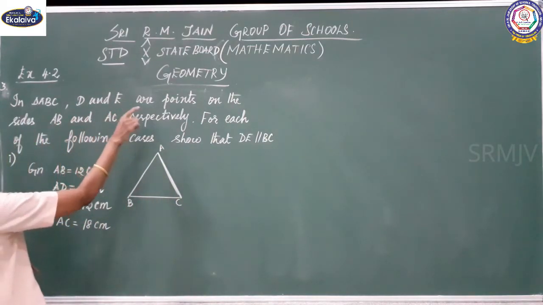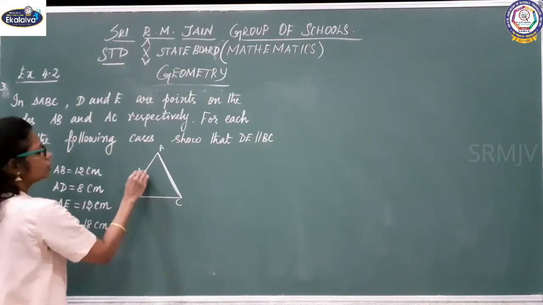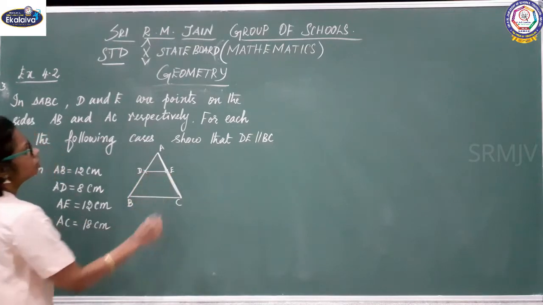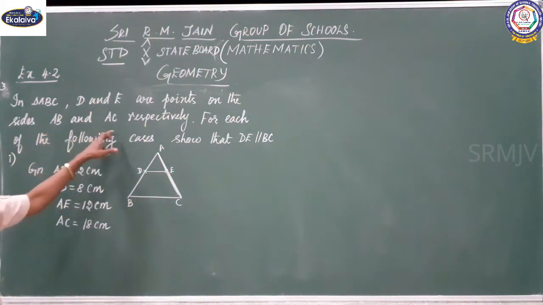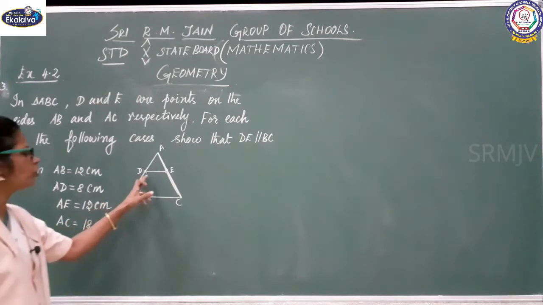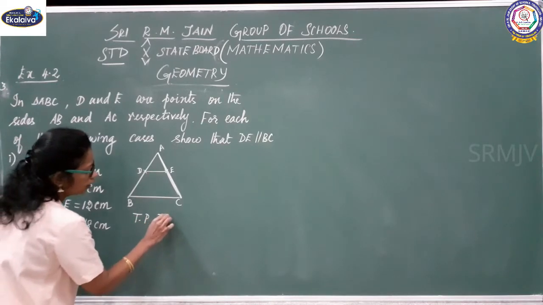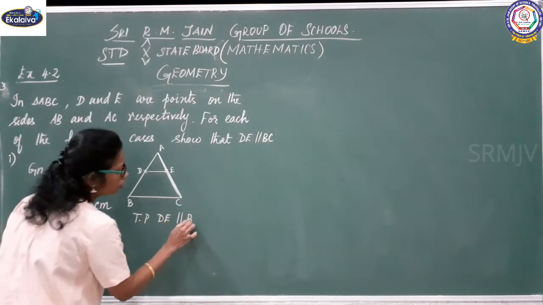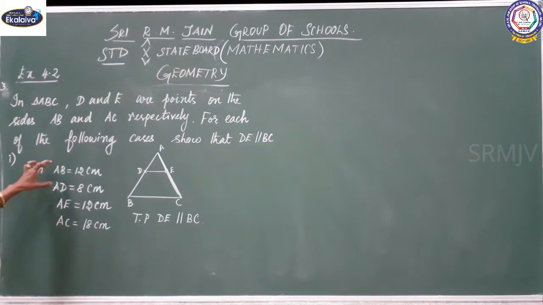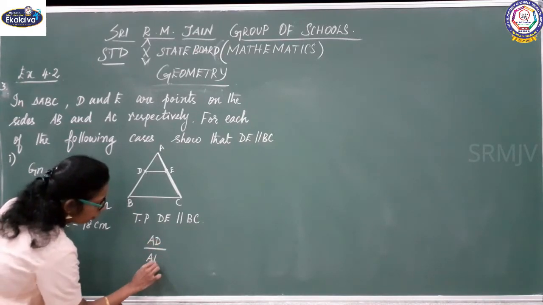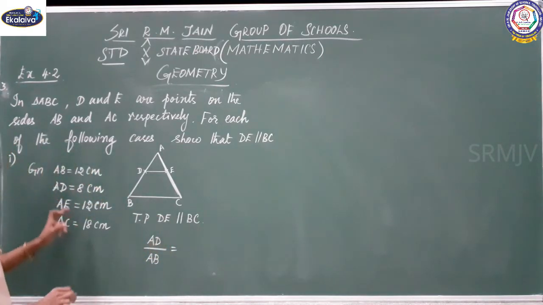They said D and E are the points on AB and AC respectively. To prove DE parallel to BC, AD by AB equals 8 by 12.